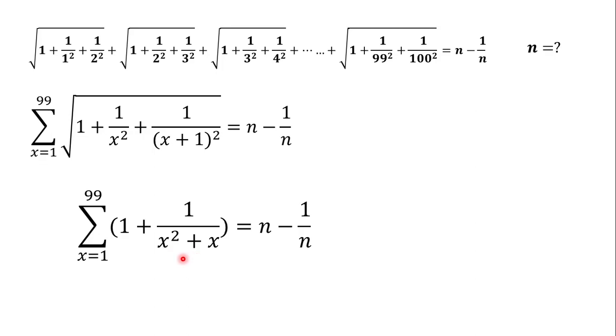Look at the second fraction, which can be broken down into partial fractions. The denominator of this fraction has two linear factors: x and x plus 1.